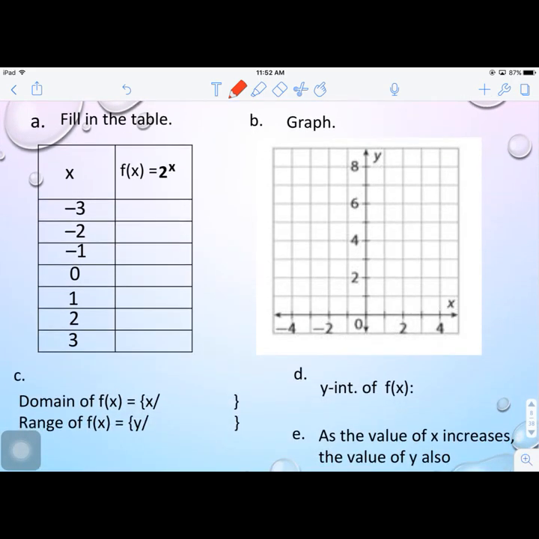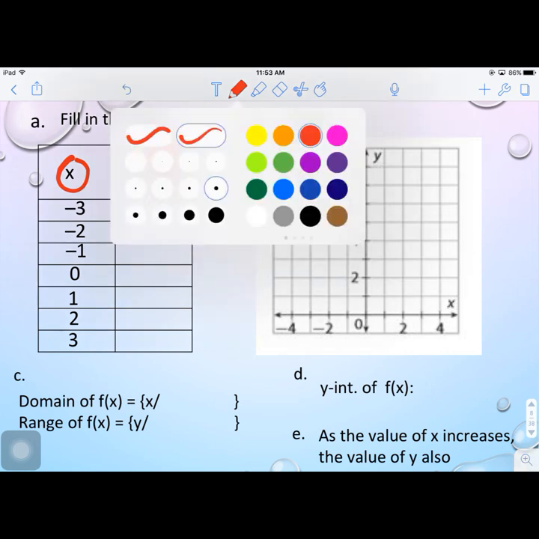In the first example, we're going to take a look at f of x equals 2 to the x, and we're going to let x be these numbers here, and we're going to obtain the range. So this will be our domain, and this is the range, and we're going to figure out the y value. Letting x equal -3, we will have 2 to the -3.